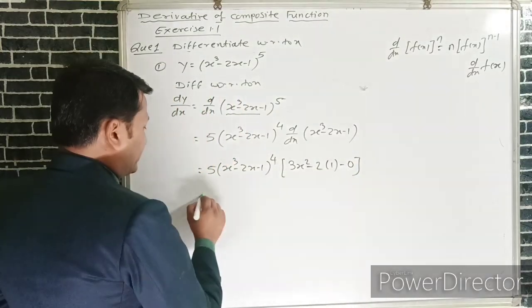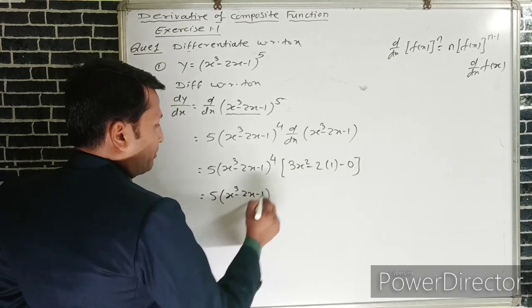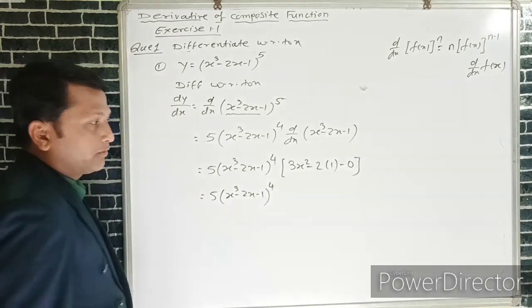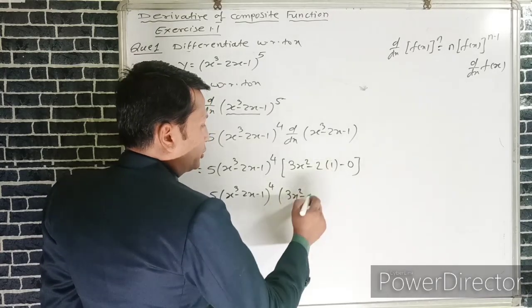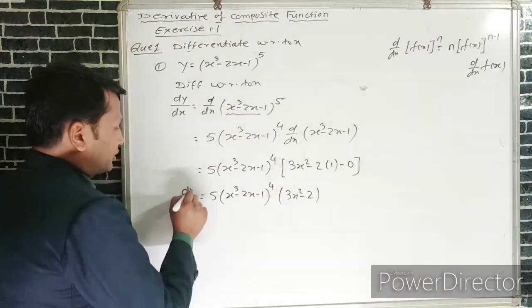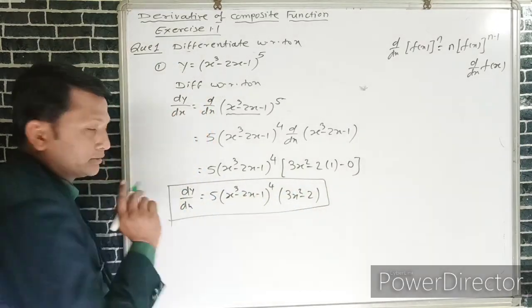Hence we can write 5 into x cube minus 2x minus 1 whole raised to the power 4 into 3x square minus 2, which is the required derivative of the given function.